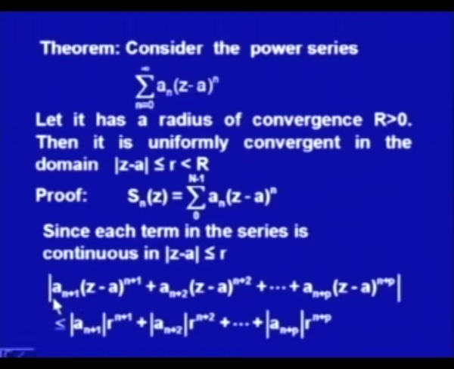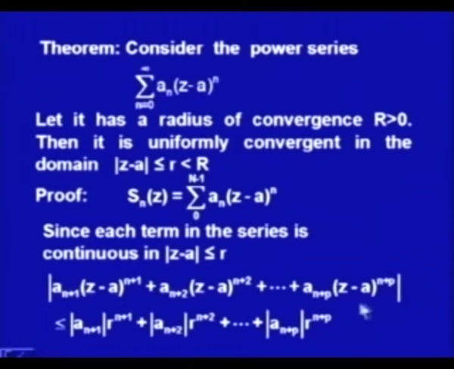So, we can say that a_{n+1}(z minus a) raised to power n plus 1, plus a_{n+2}(z minus a) raised to power n plus 2 and so on, plus a_{n+p} multiplied by (z minus a) raised to power n plus p. So, this is the sum of p terms after a_n. This is less than |a_{n+1}| multiplied by r raised to power n plus 1, this being less than r, plus |a_{n+2}| r raised to power n plus 2, and so on, and the last term is |a_{n+p}| into r raised to power n plus p.